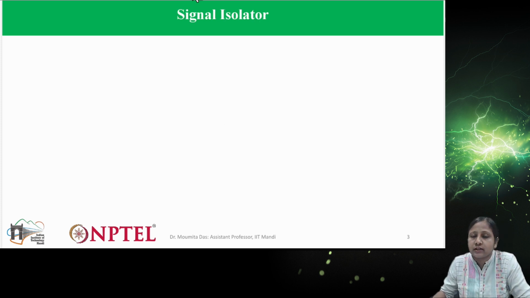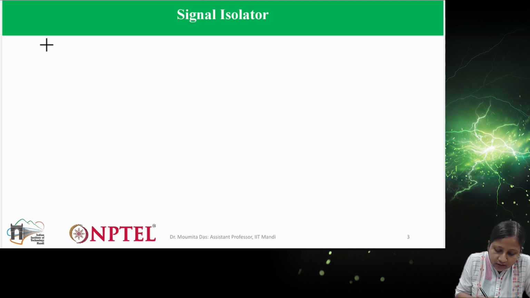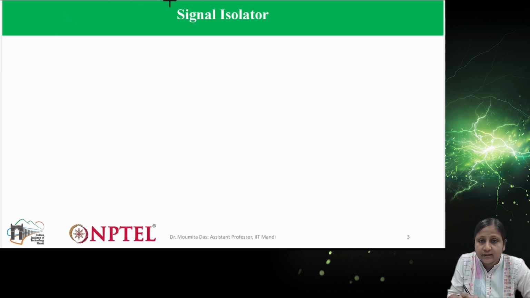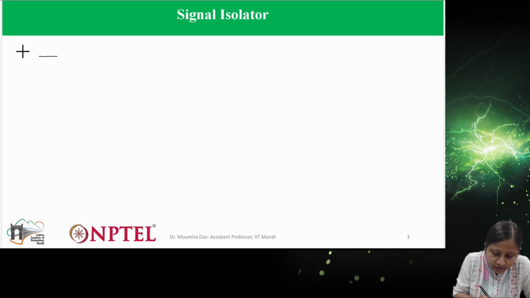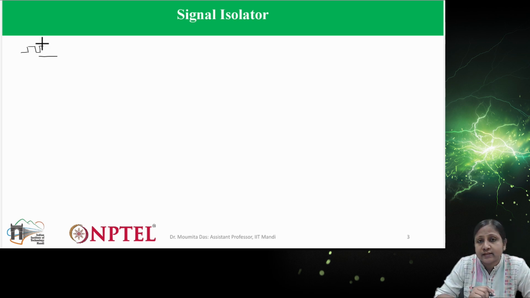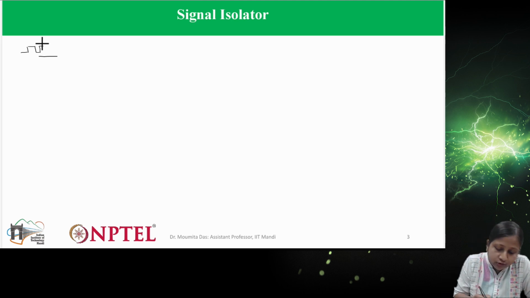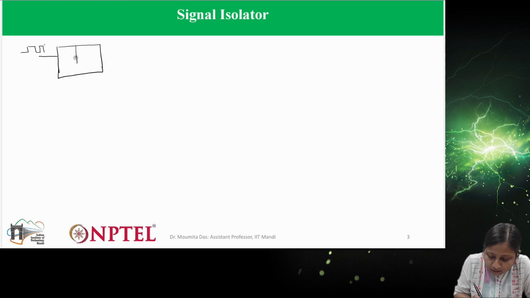Now, how does the signal isolator look? Whenever we get a signal from the microcontroller, it will be at a lower voltage level, as I discussed in the previous lecture. It should be, let's say, 3.3 volts, 1.8 volts or 5 volts. This voltage we provide to the signal isolator. The signal isolator will have isolation, and at the output we will get a similar voltage.